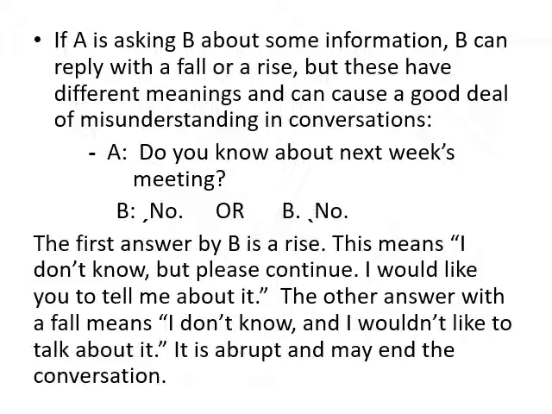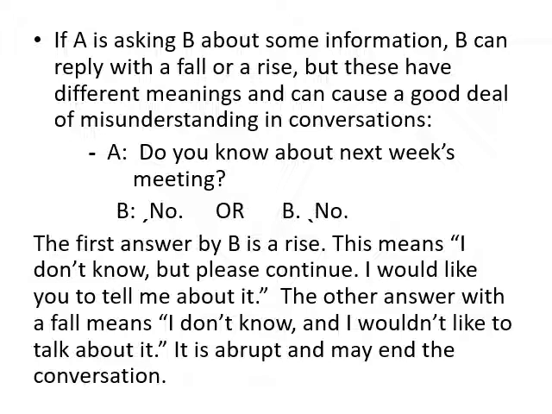No? No. No? Rise. No. Fall. Two different tones. الأولانية, the answer by B is a rise. This means I don't know, but please continue. I would like you to tell me about it.